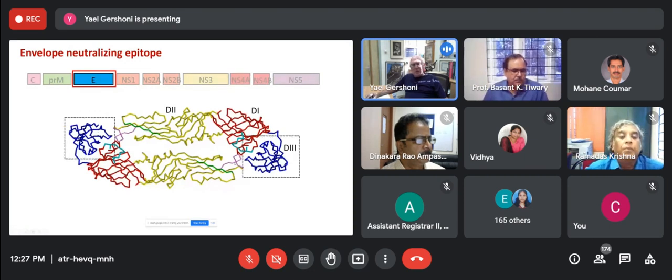D3 is known to contain and harbor a very, very potent neutralizing epitope. It's not an epitope that binds directly with the receptor. The receptor actually binds in an area somewhere around here. But it has been shown that one can develop very, very potent neutralizing antibodies that bind D3.